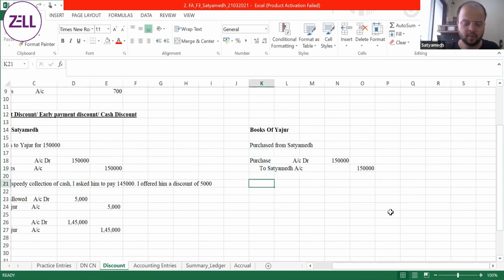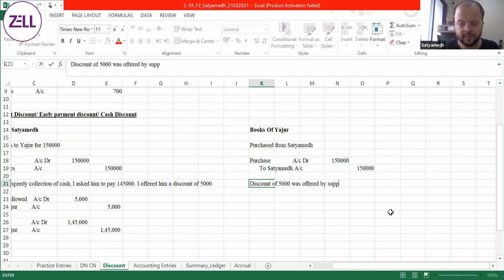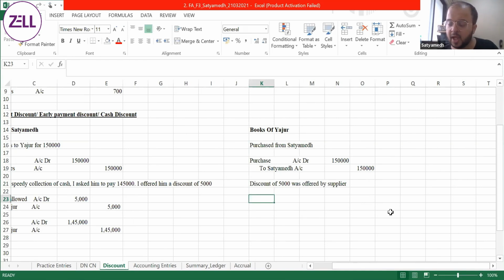Purchase from Satyamet. Now, discount of 5,000 was offered by supplier. Supplier ने इनको discount दिया. For Yajur, this 5,000 discount, that is a gain for him, right? That is an income for him. उनको पहले मुझे 1,50,000 पे करना था, बट अभी 1,50,000 पे नहीं करना है, 5,000 कम पे करना है.